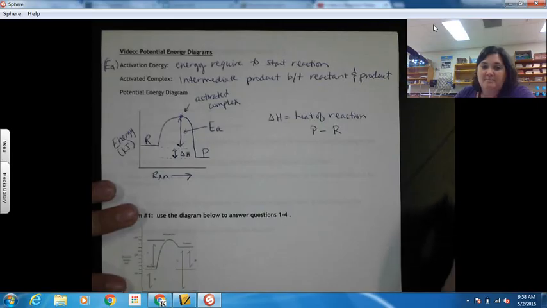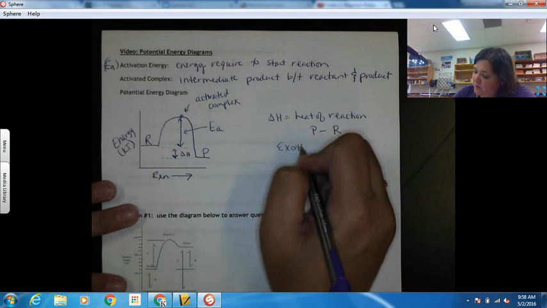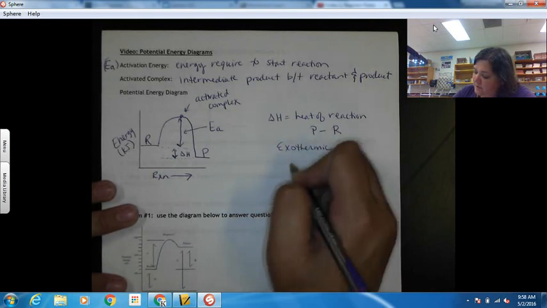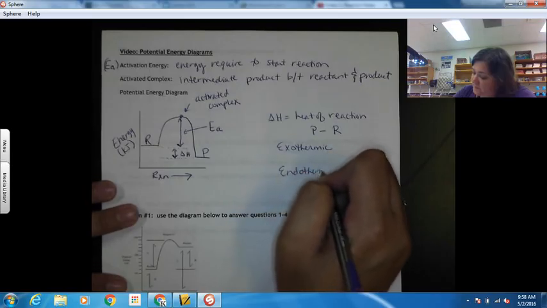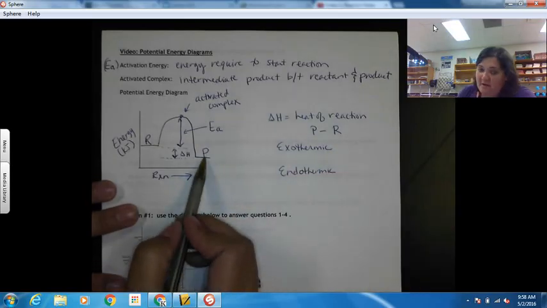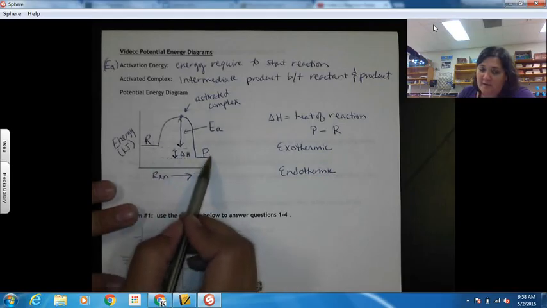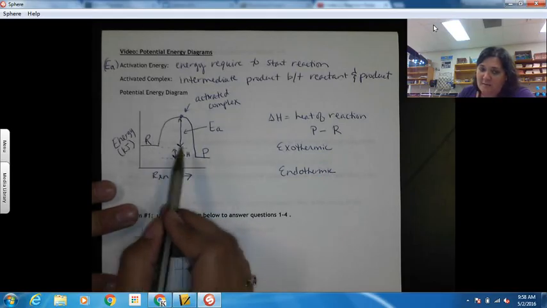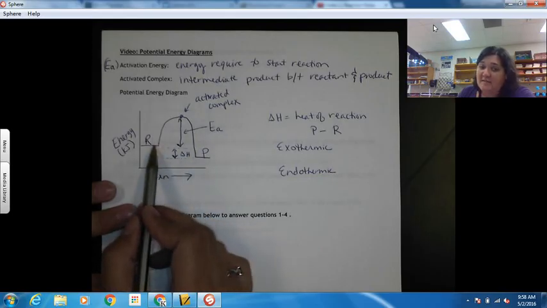Now, we can tell if this is exothermic or endothermic from the graph. So if our products are down here, that's a lower energy than our reactants, and we take products minus reactants. So in other words, we take a small number minus a large number, and we're going to get a negative value.